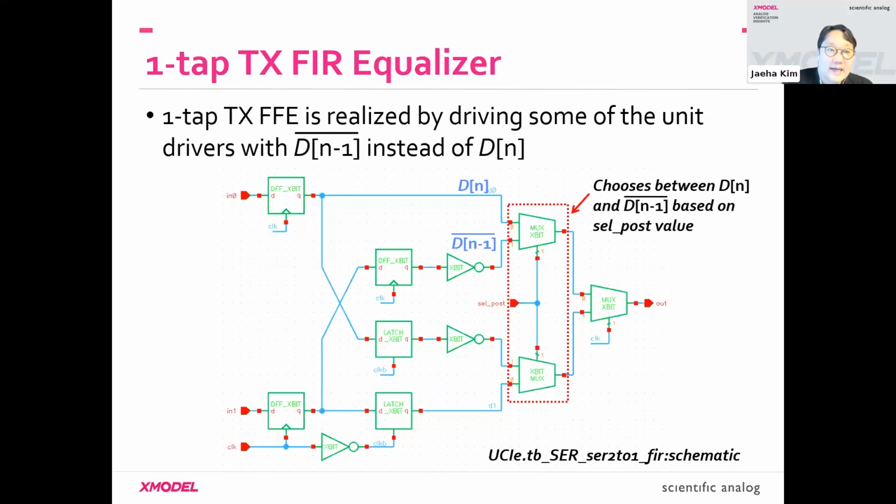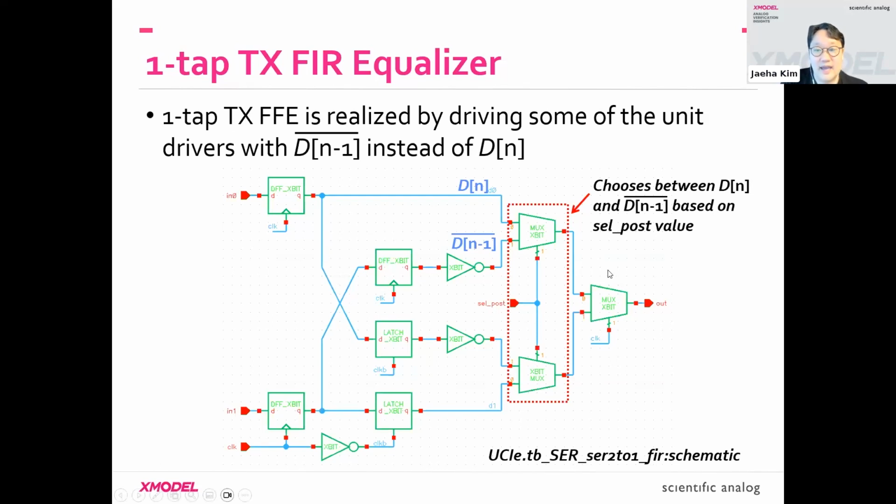Our UCI spec says we need to implement P4 equalization in the TX path. Again, there are multiple ways, and one way we use is to implement the FFE in the serializer stage. That is, we have a control bit, and depending on the control bit, the serializer output can generate a stream for D[n-1], which is the one previous data instead of the current data, and with the additional inversion.